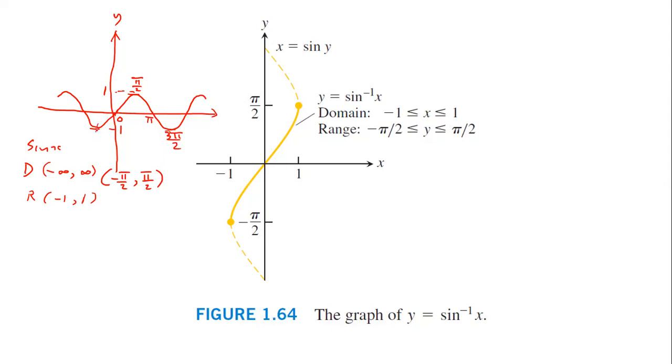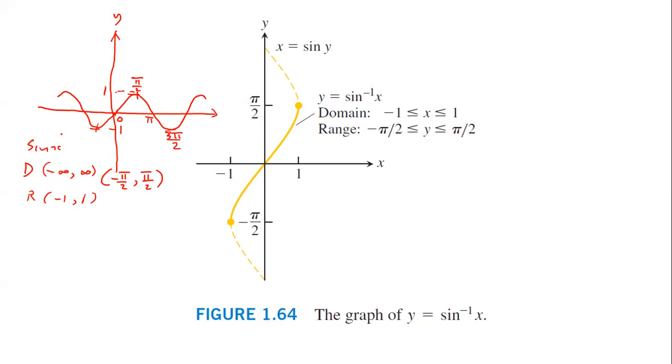That is 1 pi, so this is 1 period. Okay? So we're taking the domain that way. We don't want to go from negative infinity to infinity. We just want to go 1 period, so from negative pi over 2 to pi over 2.